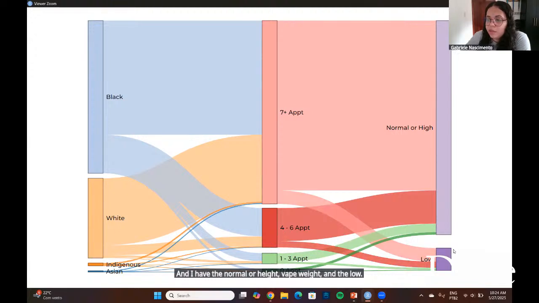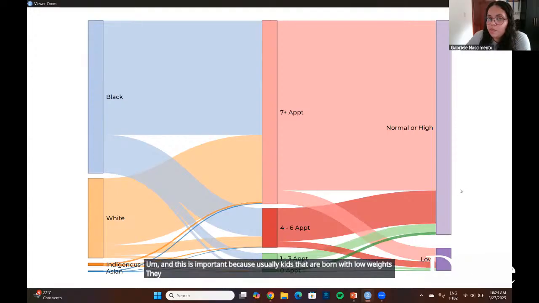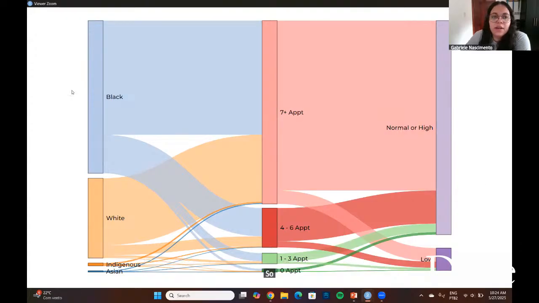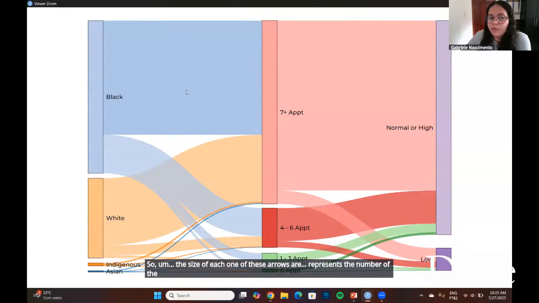And this is important because usually kids that are born with low weight tend to have more issues, more problems. So the size of each one of these arrows represents the number of people, the value that we had in each one of these columns.